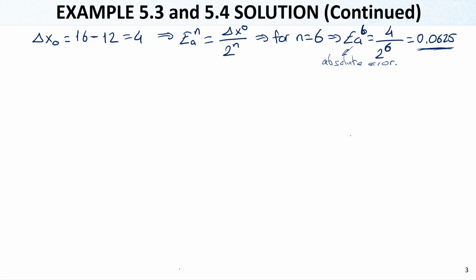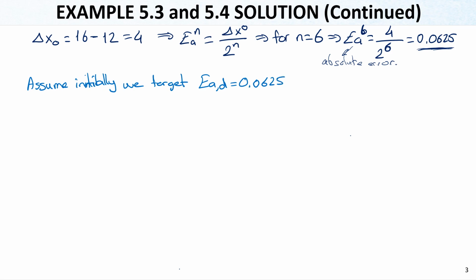In another case, we can find the n value if we know the error value. For this case, for example, let's say we initially target an EAD, called EAD, of 0.0625.